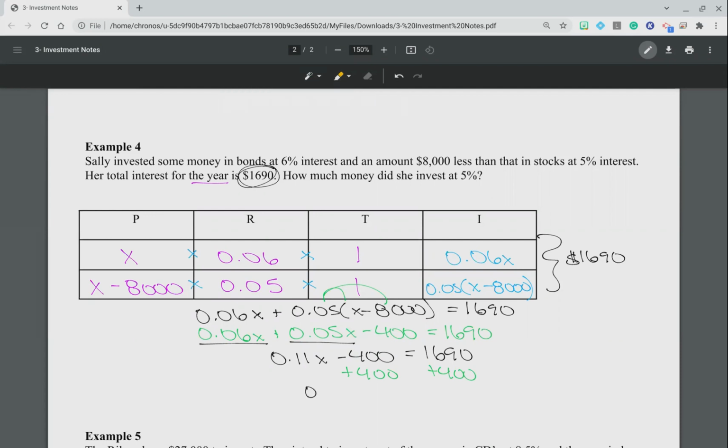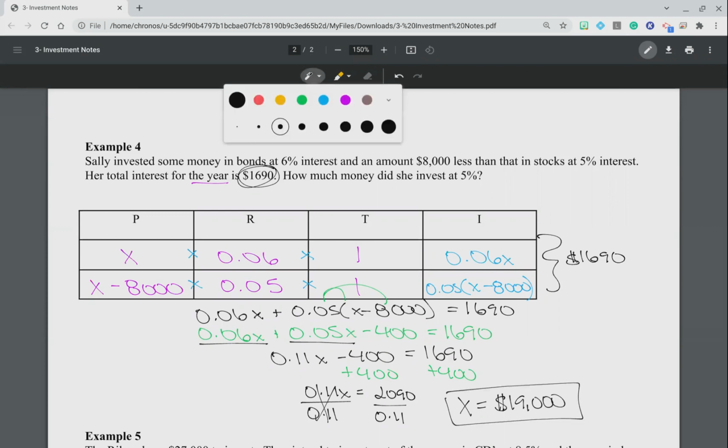And I get 0.11x is equal to 2,090. And then I'm going to divide by 0.11. And I get x is equal to 19,000.